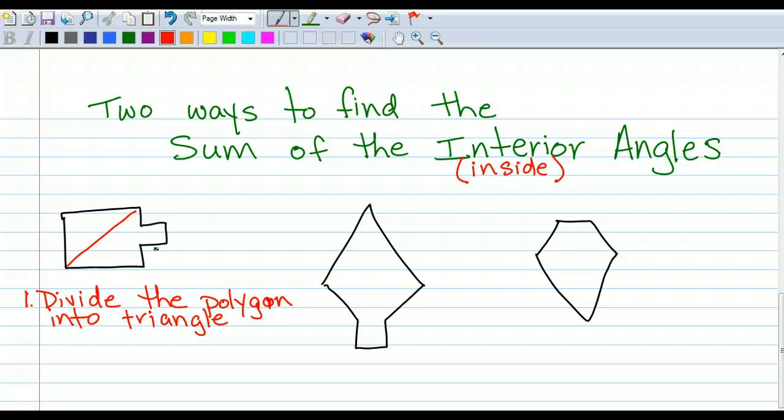That could be kind of hard. So sometimes when you have irregular shaped polygons, this might be difficult to divide the polygon into triangles. Okay, and then multiply that number by 180 degrees.